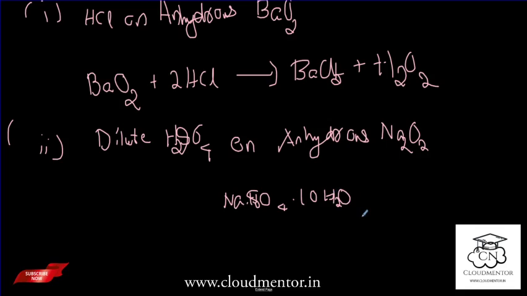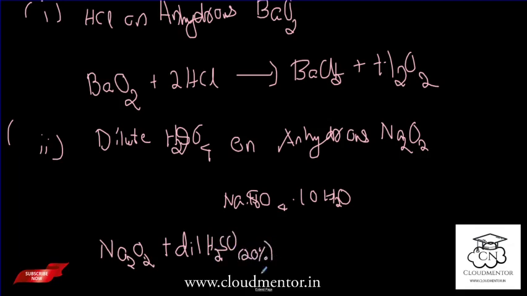These are filtered off, while some impurity of Na2SO4 remains present in H2O2, and the reaction proceeds like this: Na2O2 added with ice cold 20 percent H2SO4 gives the impurity Na2SO4 along with our hydrogen peroxide, H2O2.